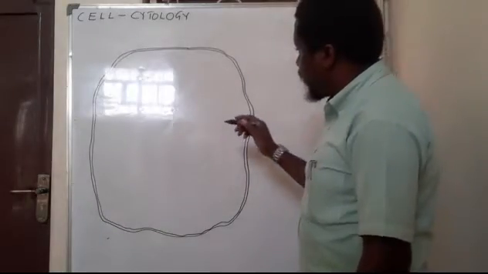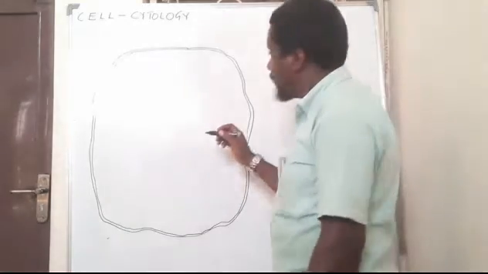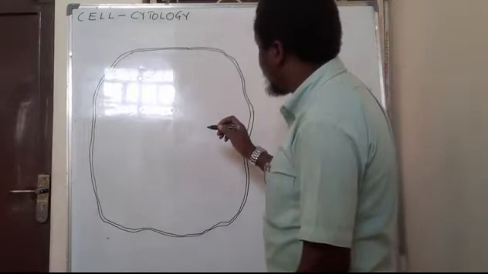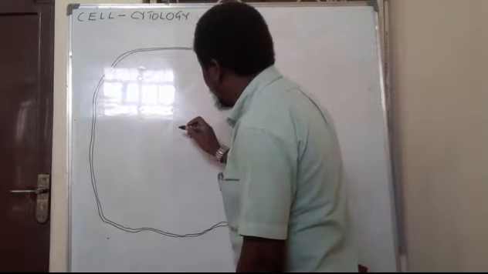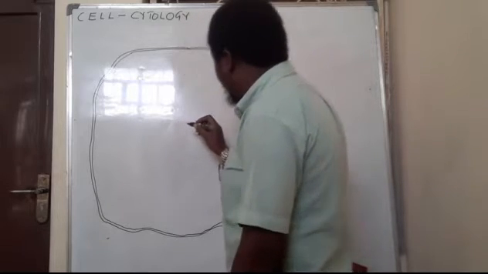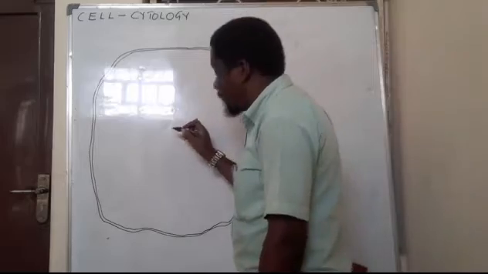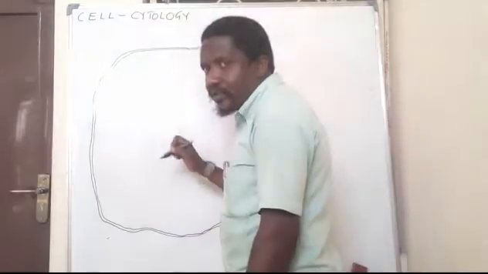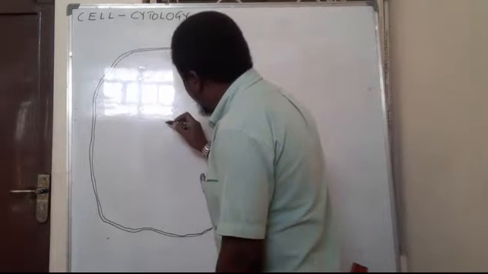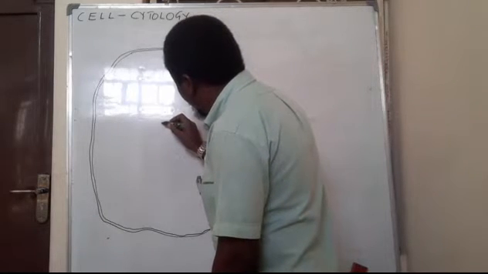The dark staining area we have at the center, which we call the nucleus, has some pores attached to its membrane. It looks like this.